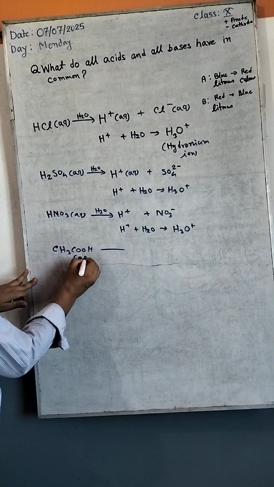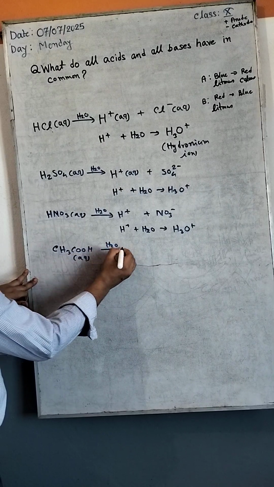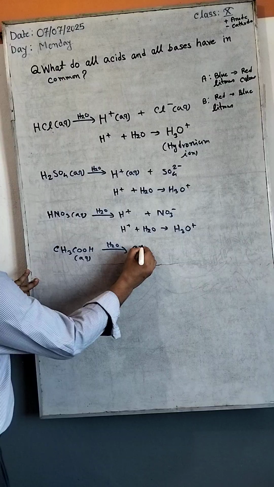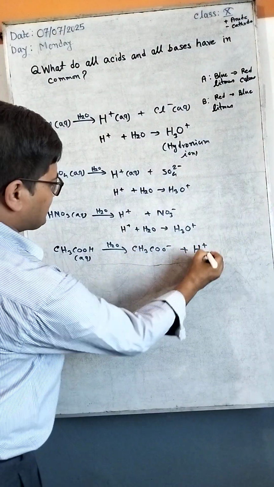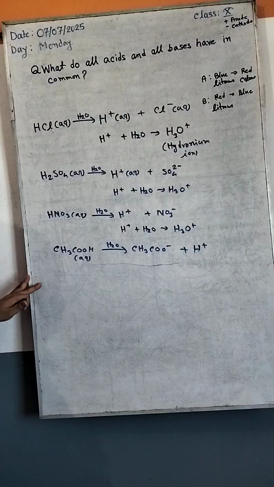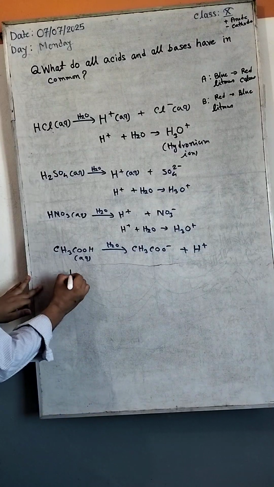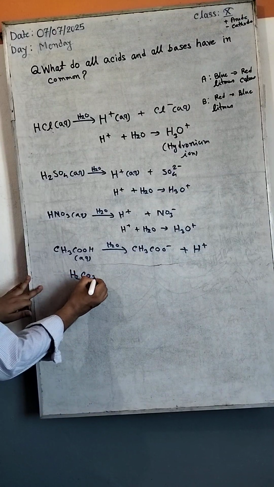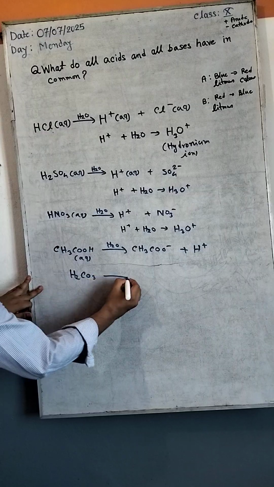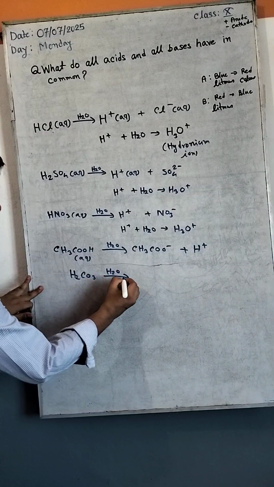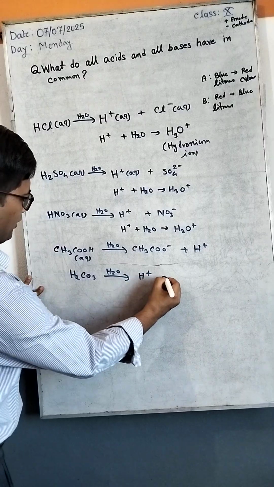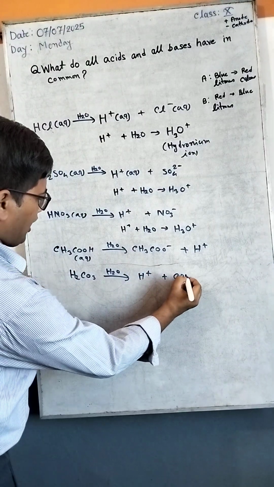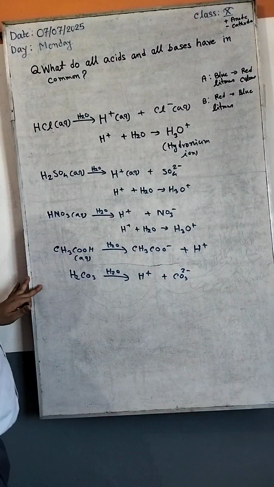In aqueous solution, by adding water, it forms CH3COO minus plus H plus. Next, carbonic acid, H2CO3. With the help of water it dissociates and forms H plus and CO3 2 minus.